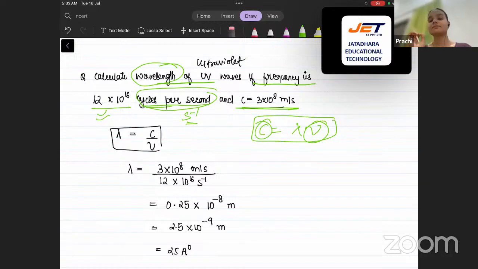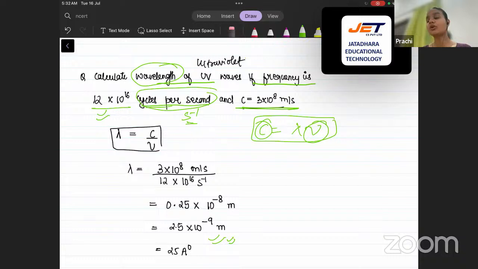This is a very important part. Maybe in the exam you would know this is the formula I have to use and this is how you put the values. But the only thing that can go wrong in the exam is the calculation part. So whenever you are doing questions at home, whenever you are solving any assignments, get the values correct.